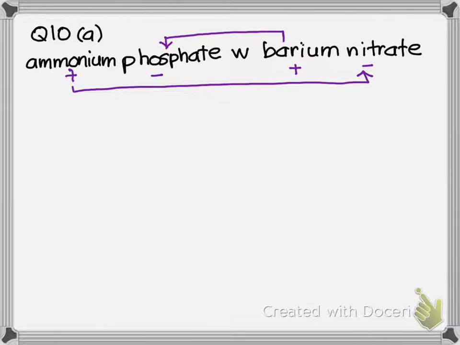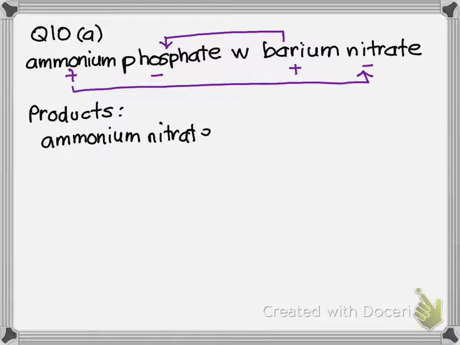Well, the wonderful thing about ionic compounds is that you name them simply by naming the two parts, the cation and the anion. So to figure out the names of the products, all we have to do is switch the names. So the products would be ammonium nitrate, because it's going to switch these two.